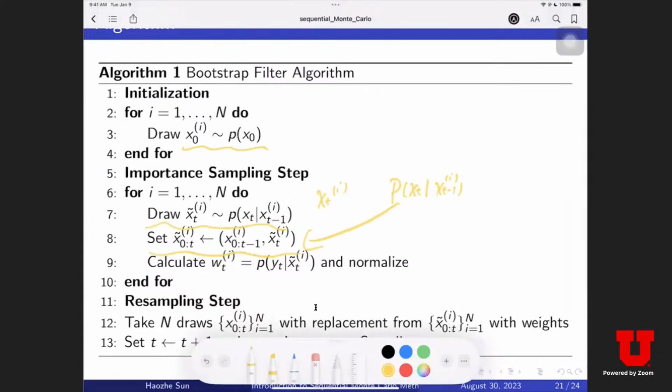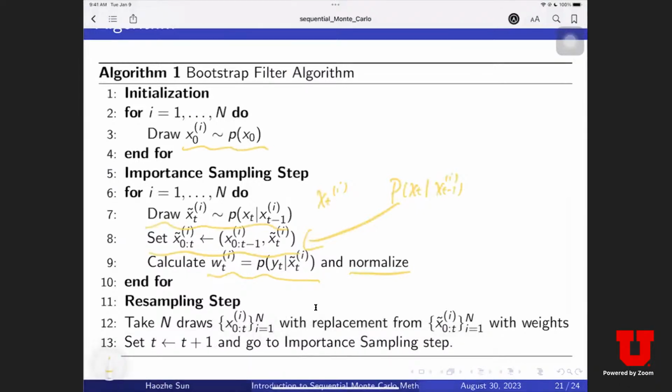And we will recalculate the w_t and normalize it. Now we will do the resampling step. We will take n draws with replacement of the original x with weights.